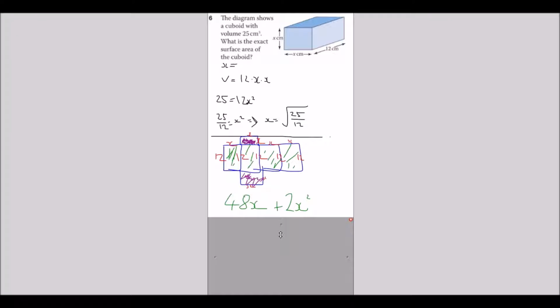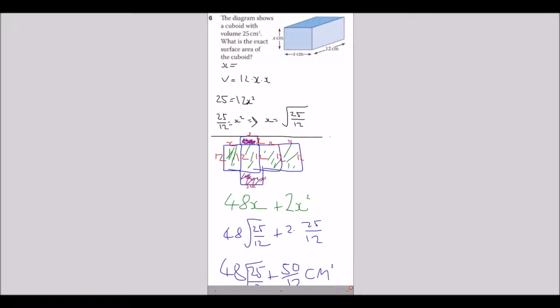My last step is just to substitute in the known values, the values that I worked out here. So we've got 48 times root 25 over 12, and we've got 2 times 25 over 12, since x squared is 25 over 12. I'm not going to simplify the left hand side.